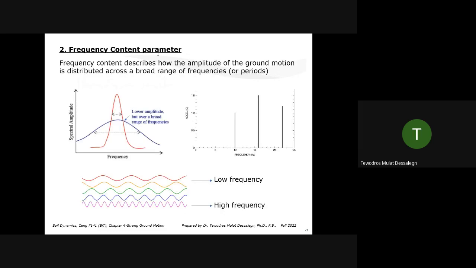For frequency content parameters, what we meant is how spread the frequencies are. If you go to a city and look at the buildings, you have a wide variety of buildings with different fundamental periods. And when we talk about frequency and period, they're the same thing.